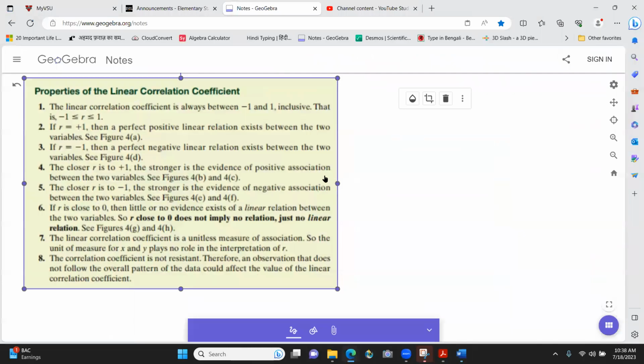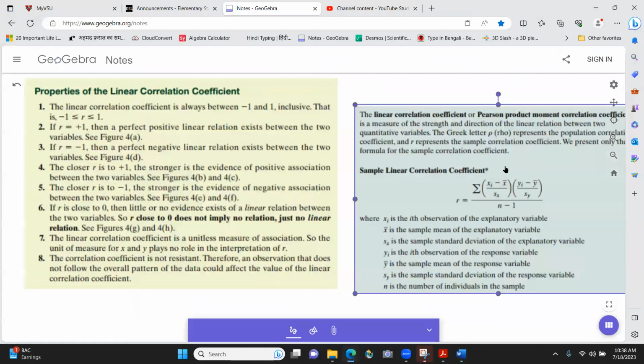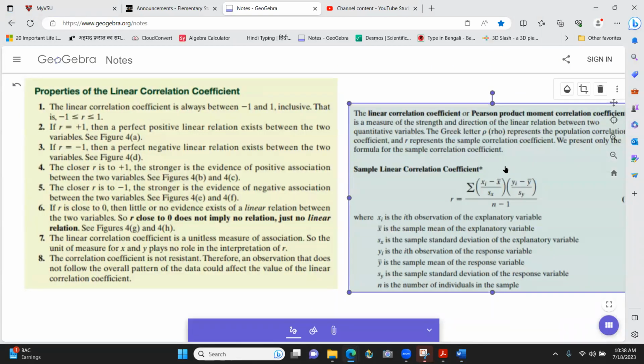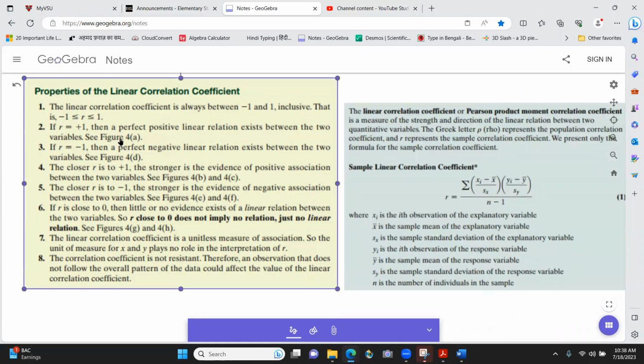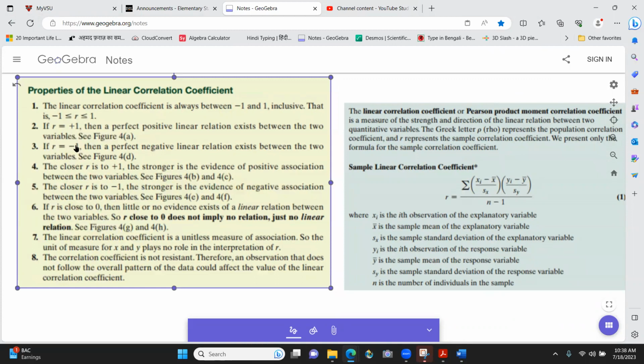The formula we use to calculate the Pearson correlation coefficient has some properties. It will always be between 1 and -1. 1 means strong positive correlation, -1 means strong negative correlation. The closer R is to 1, the stronger the evidence of positive association: when one goes up, the other goes up. If the value of R is really close to -1, there's a strong negative correlation: when one goes up, the other goes down.